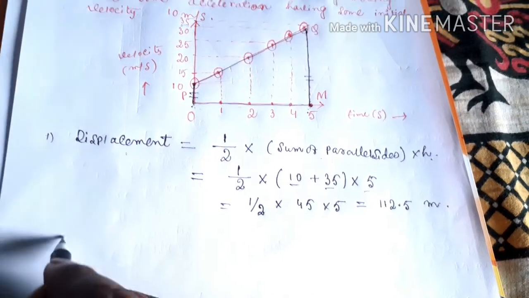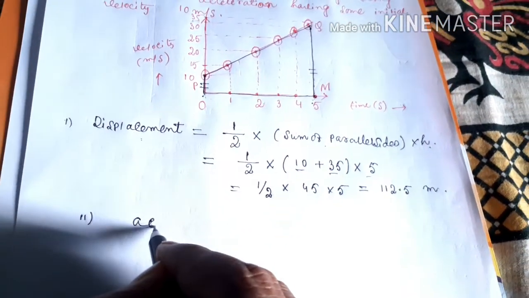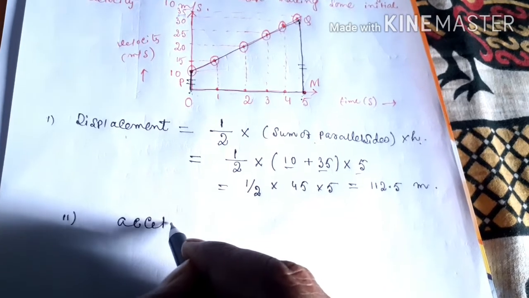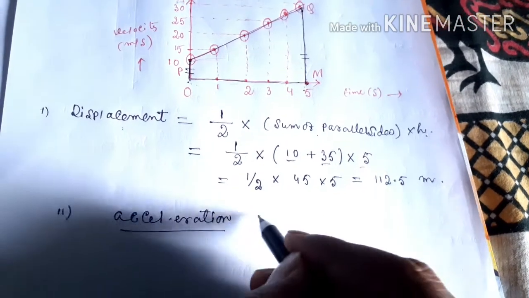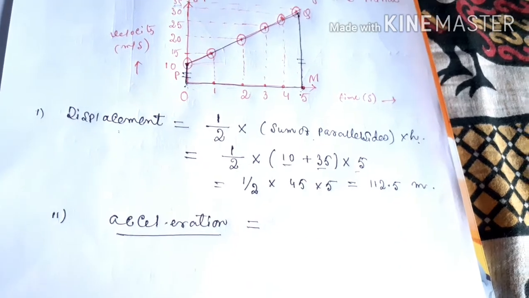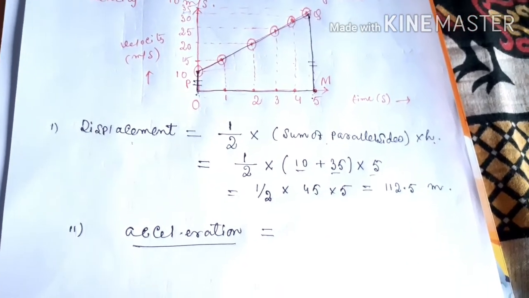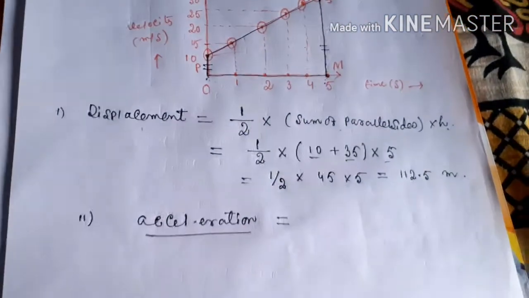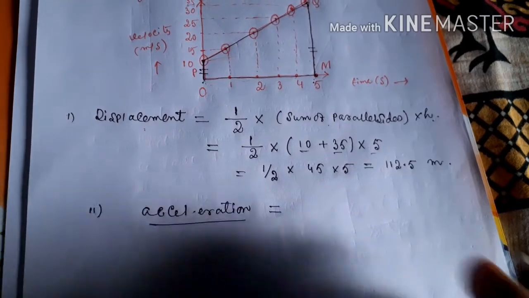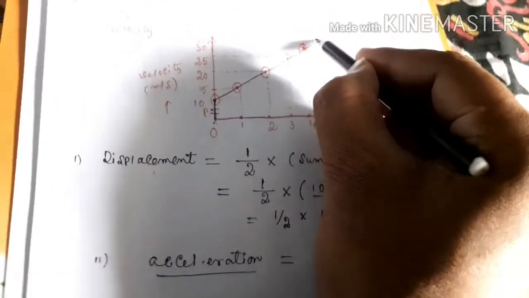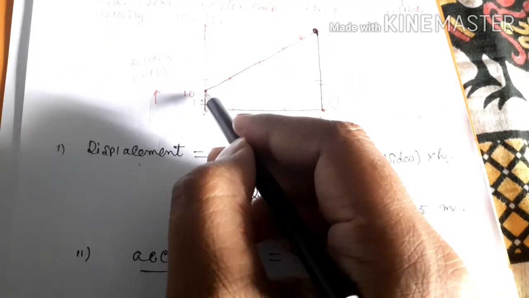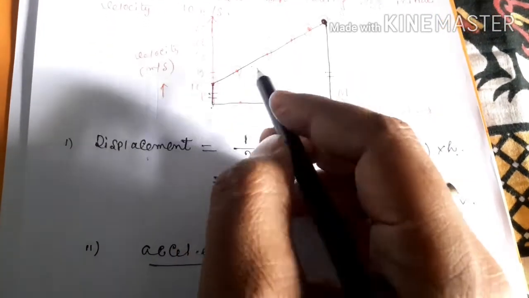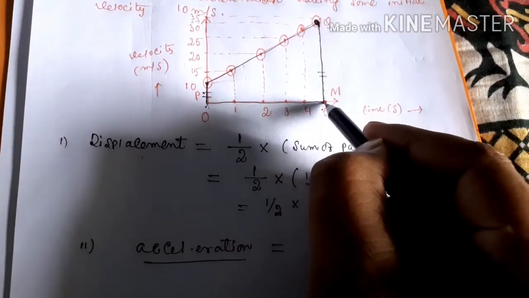Next one, if you calculate the acceleration of the body, then what you have to calculate? The change in velocity divided by the change in time. Final velocity is 35, initial velocity is 10, and the change in time is 5 minus 0.